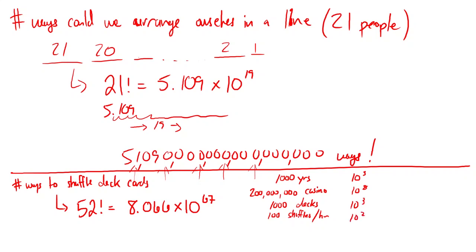So even if you had 200 million casinos shuffling 1,000 decks of cards 100 times per hour for 1,000 years, you would only end up with, using the rules of exponents to add, 8, 11, 14, 16. And I gave ourselves a 2 there. So 2 times 10 to the 16th shuffles.